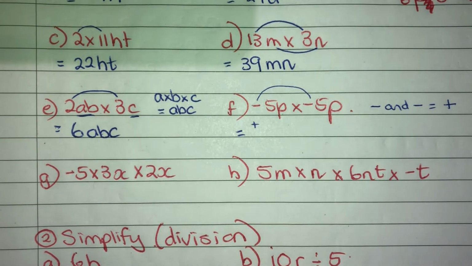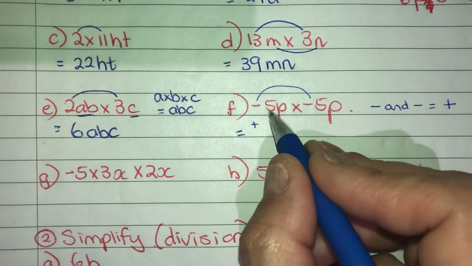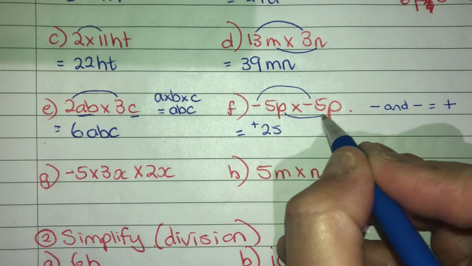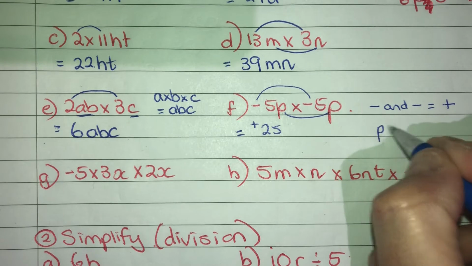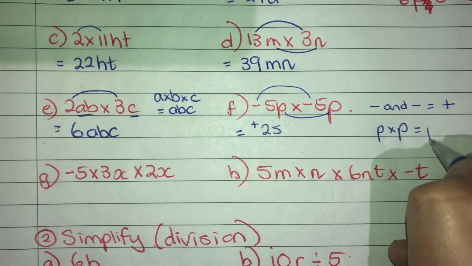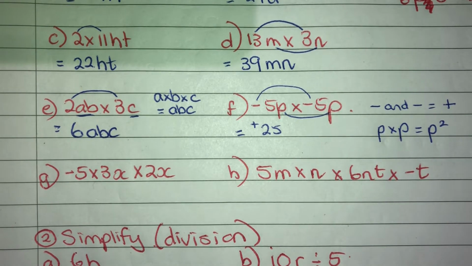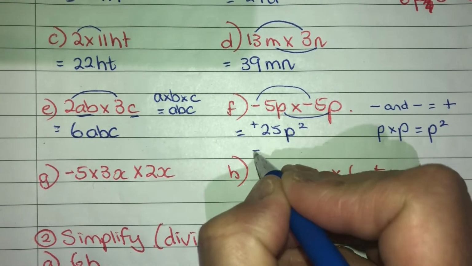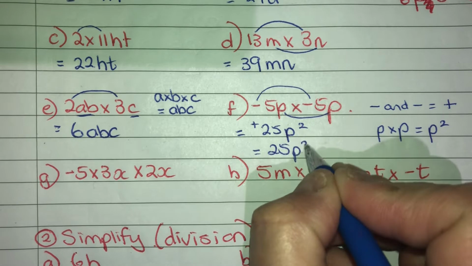You can put your plus there or you can leave it out. It's up to you. 5 times 5 is 25, and there's something different too. We've got a P times P, and by year 8 you need to be remembering that P times P is equal to P squared. So your final answer is 25P squared.